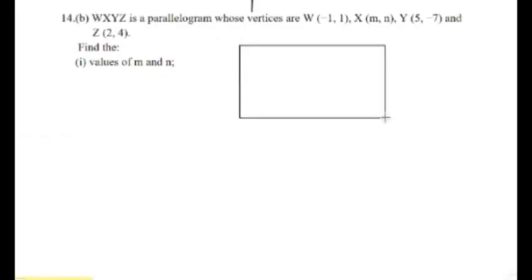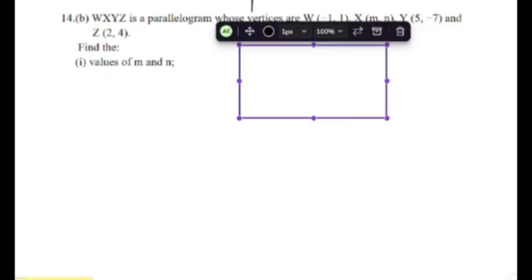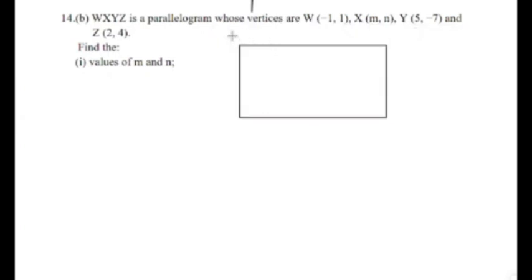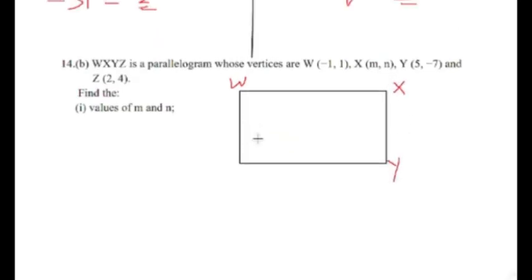If we say this is a parallelogram and we label consistently, I'm going to label in an anti-clockwise sense, WXYZ. Now let's get the coordinates. Here, the coordinates of this vertex is -1, 1.